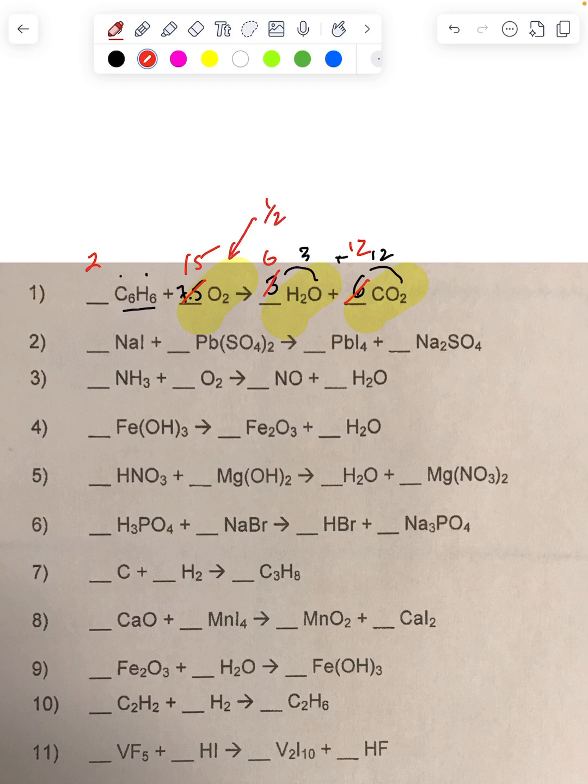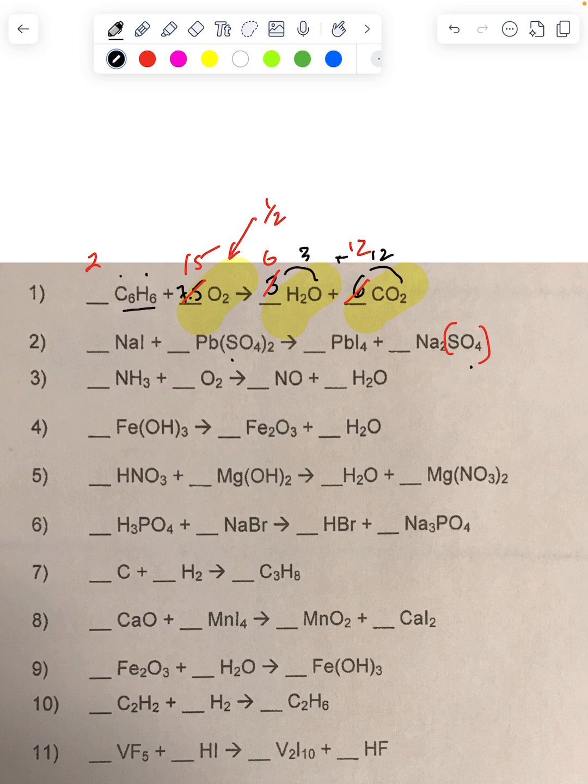So you instead make this a 15, this would be a 2, this would become a 6, and this would become a 12. So your coefficients should be 2, 15, 6, and 12. Please note that a half is the way that you can know or be aware of just doubling everything to get whole numbers.